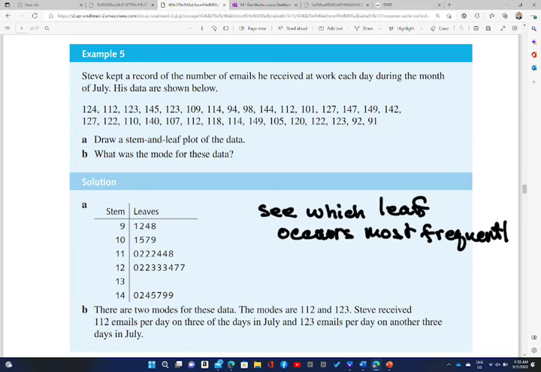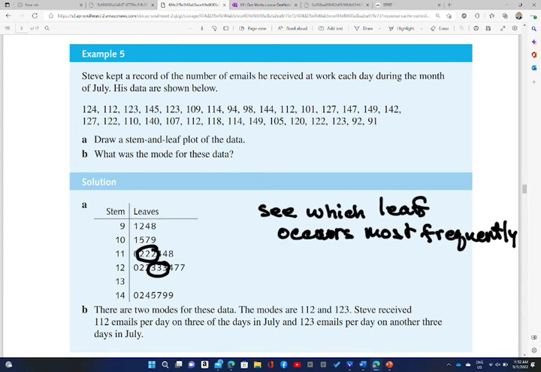So there are two different types of mode that you can get with a stem and leaf plot. We could see what was the most occurring grade or most occurring stem, but we could also drill down. So if you look here, 1, 2, 4, 8, there's no repetition. Here there are 3 numbers repeated. Here there are 3 numbers repeated. Yes?